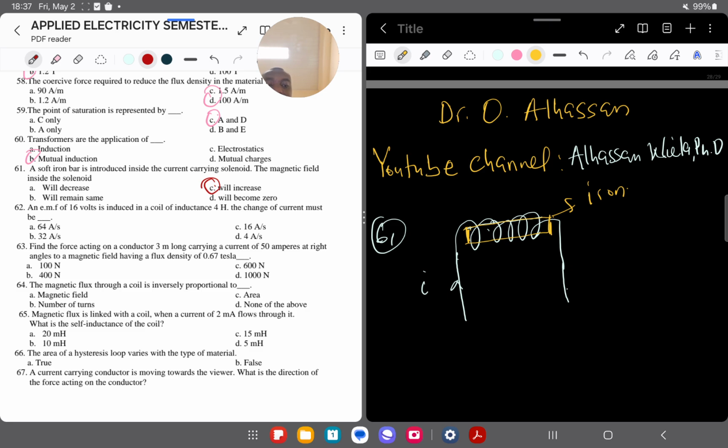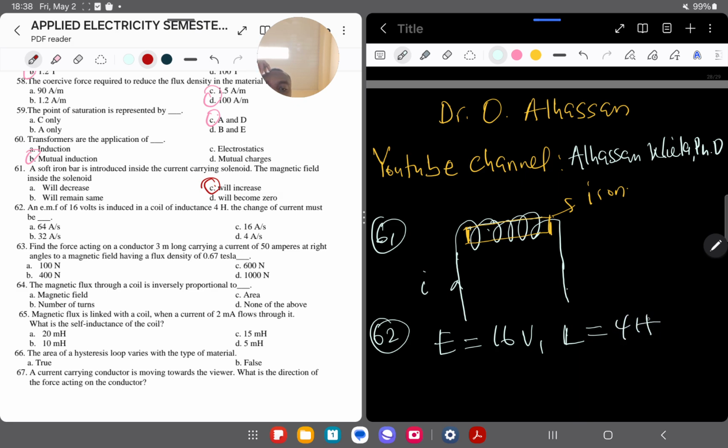So in question 62, you can see that we are given the EMF. I'm going to use E here to represent EMF, which is 16 volts. And then the inductance L here is going to be 4 henries.